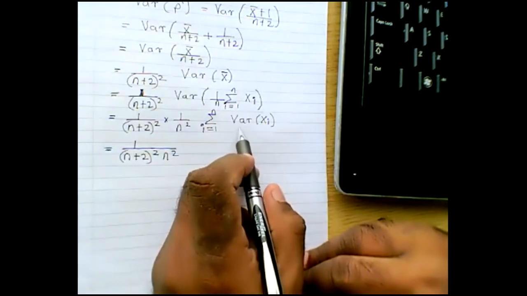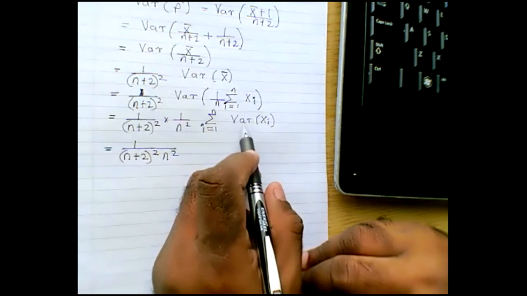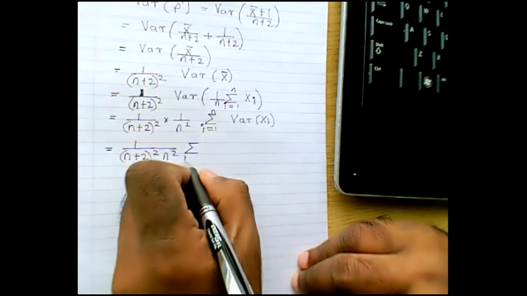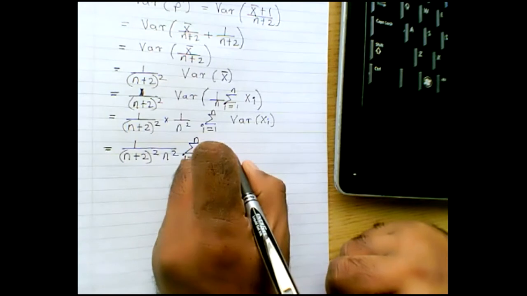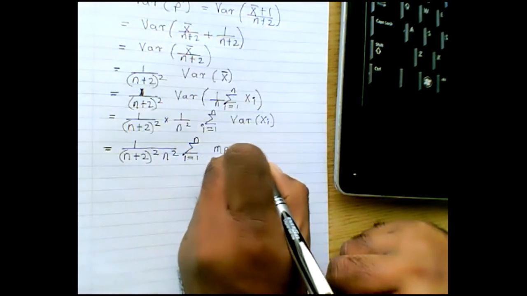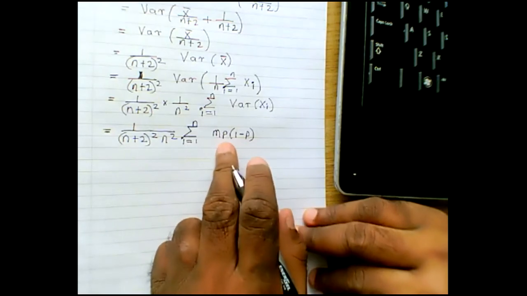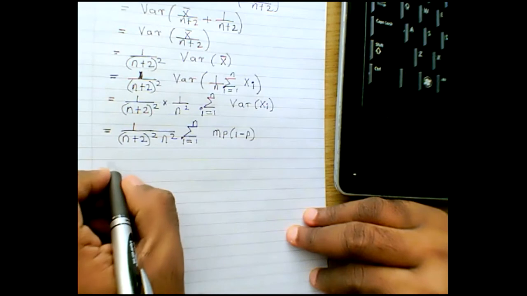Now, what's the variance of a binomial? I'm sure you know. The variance of a binomial is mp times (1 minus p). Now this guy is a constant. With respect to i, mp times (1 minus p) is a constant.